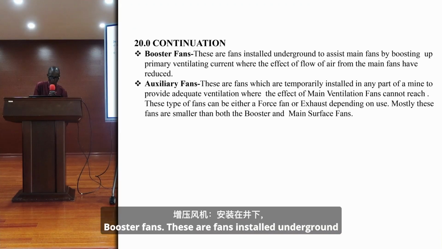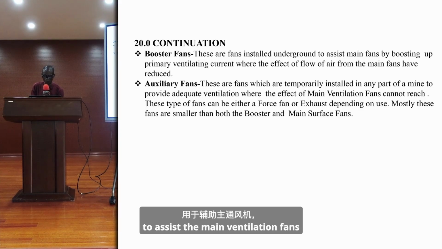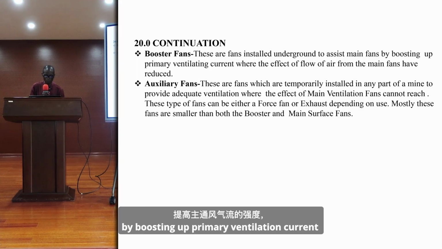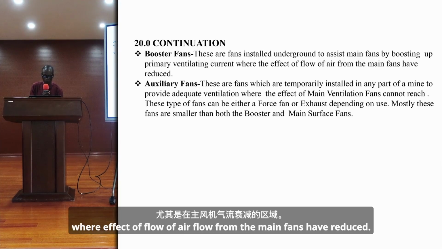Then booster fans. These are fans installed underground to assist the main ventilation fans by boosting the primary ventilation current where the effect of airflow from the main fans has reduced.